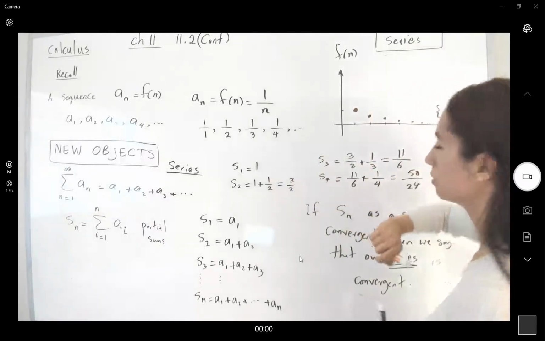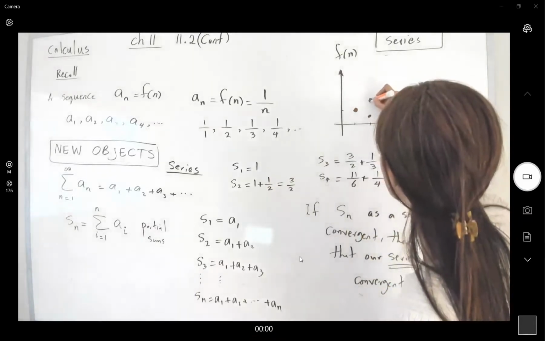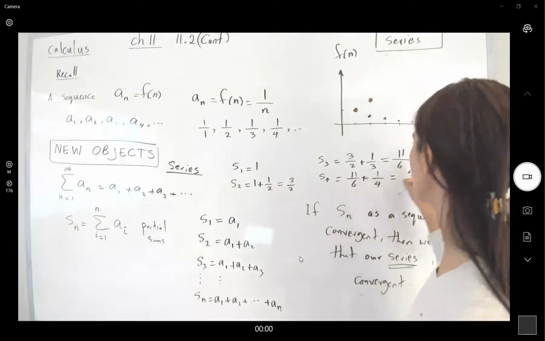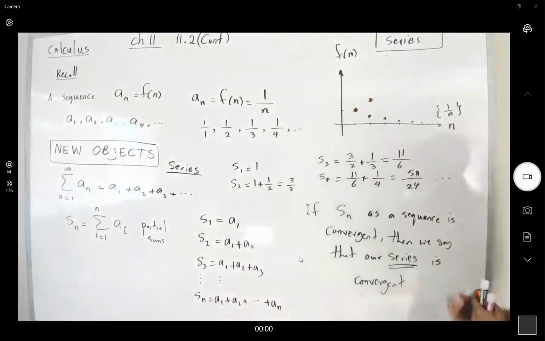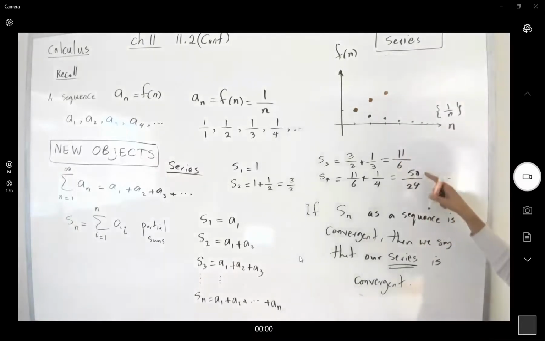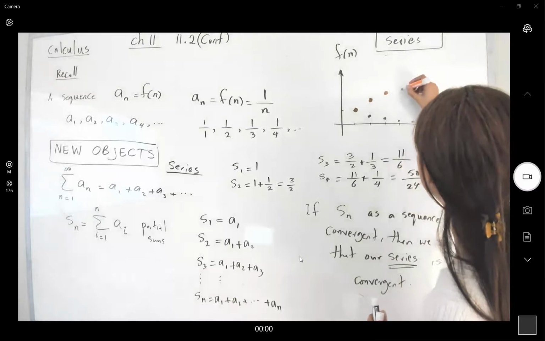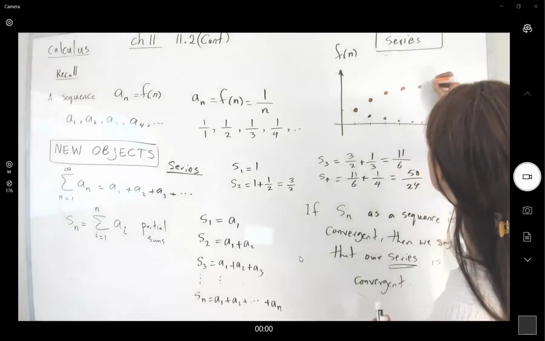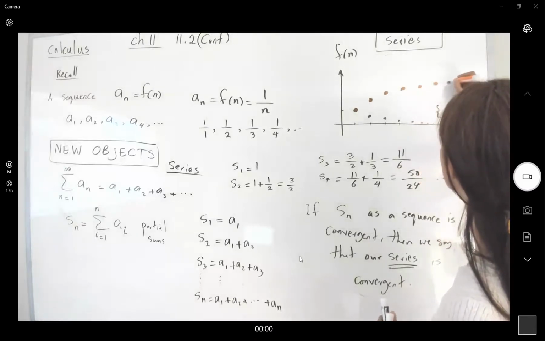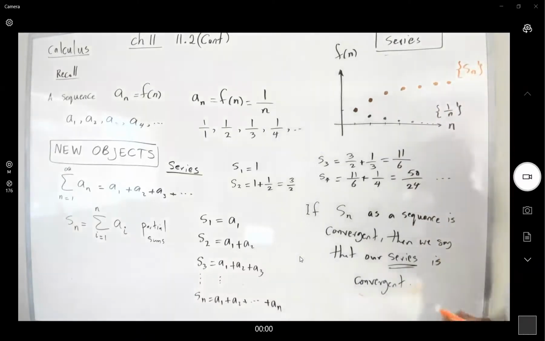S sub 2 is 3 halves. Okay, this is S sub 2. Then S sub 3 is 11 over 6. It goes here. Then you have 50 divided by 24. Goes here. And so on. This is your sequence S sub n.